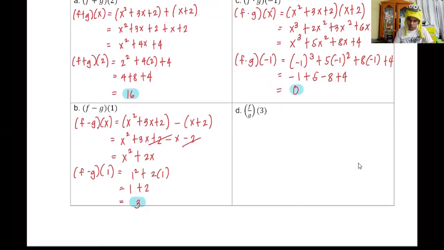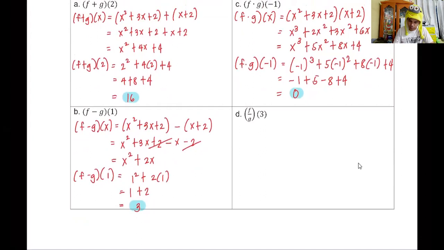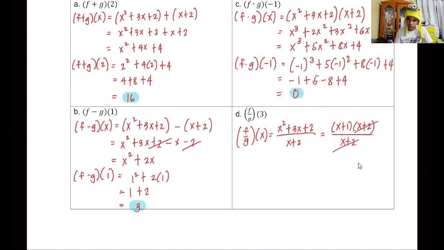Now let us go to the last, letter D. So we have x squared plus 3x plus 2 over x plus 2. So actually, the numerator can be factored out. So that is x plus 1 times x plus 2. The one in the denominator cancels out. Okay?